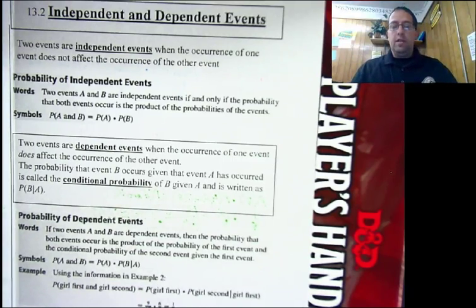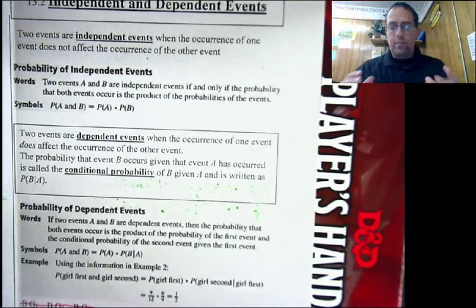Dependent events, given this thing already happened, what's the odds of this other thing happening? Okay, so that one, they change things. That's like pulling something out of a bag and not putting it back in, right? Picking who plays what position on a sports team, right? If I've already picked Sally to be the center, I can't pick Sally to be something else, okay? So those are dependent events because they change the probability of everything that happens next.